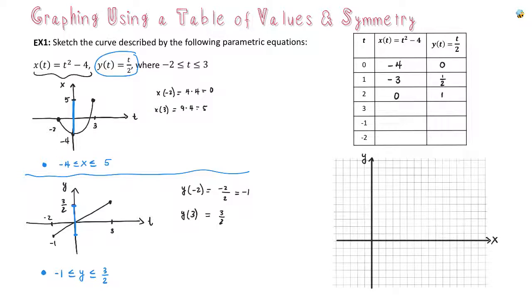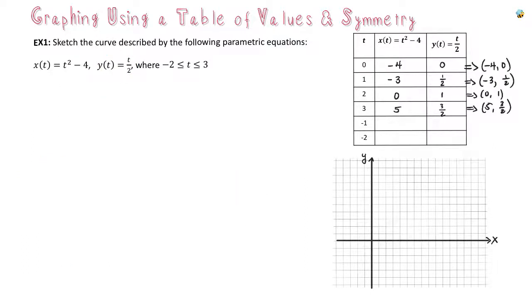And when t is equal to 3, x is going to be equal to 5, and y is going to be equal to 3 over 2. So I already generated several points on my curve. The first one is the point negative 4, 0, then negative 3, 1/2, 0, 1, and 5, 3 over 2.